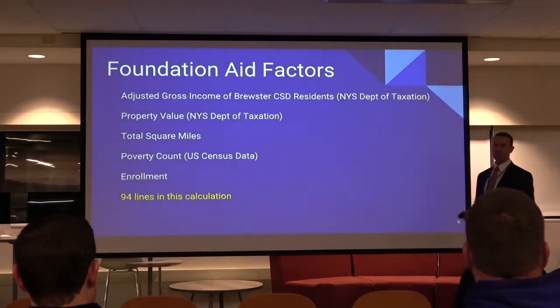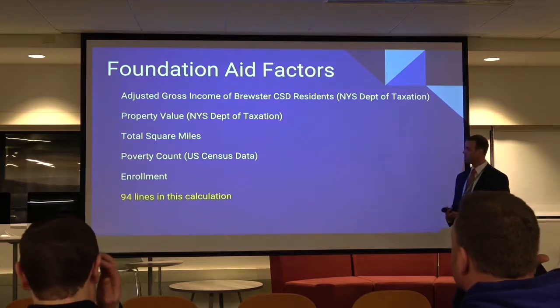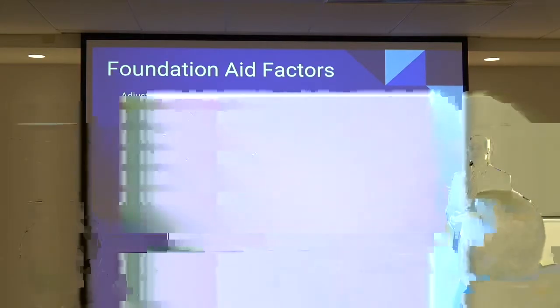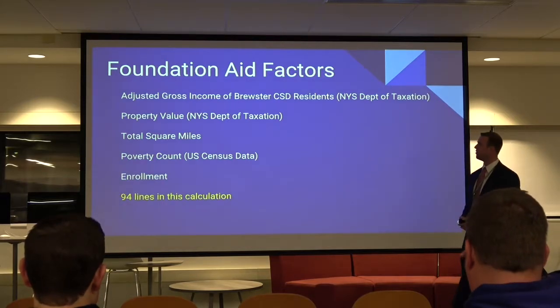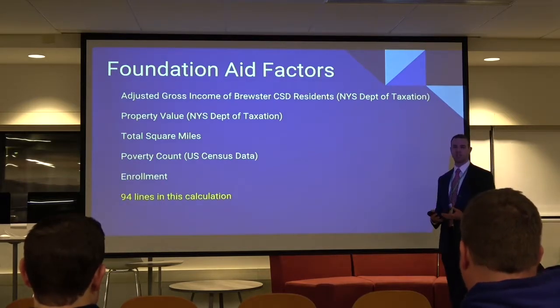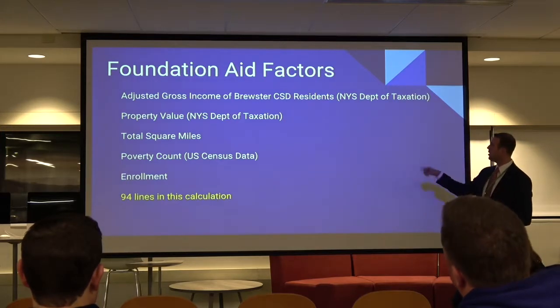So we'll start with foundation aid again, which makes up the majority of our state aid budget. The major factors that go into the foundation aid formula, one is the adjusted gross income of Brewster Central School District residents. And that's reported to the New York State Education Department from the New York State Department of Tax and Finance.